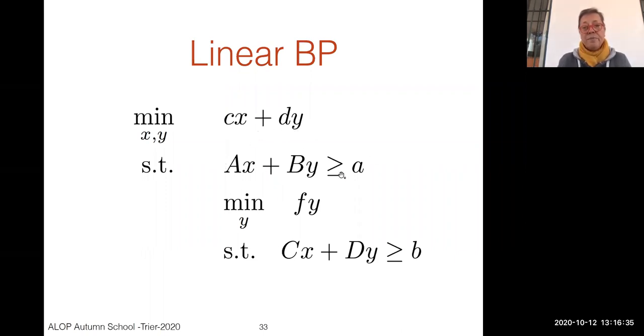Here you have some coupling constraints that are in the first level, which means, I remind you, that the second level is not aware of those constraints. And then the second level has an objective function that depends only on the Y variables, and you again have linear constraints. So this is the general formulation of a linear bilevel optimization problem.